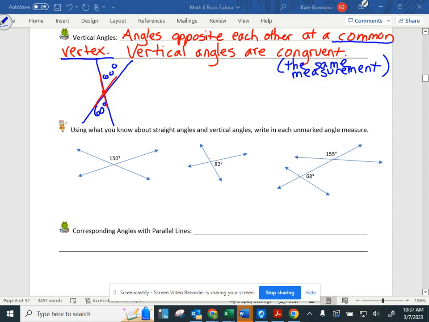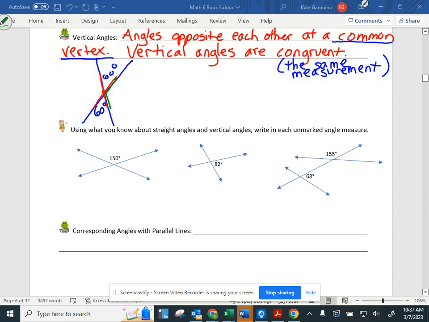So if this is 60 degrees, what measurement is that other angle going to be? What would this angle be? Think about what we learned yesterday. James? 30. Why 30? That would make it a right angle, right?